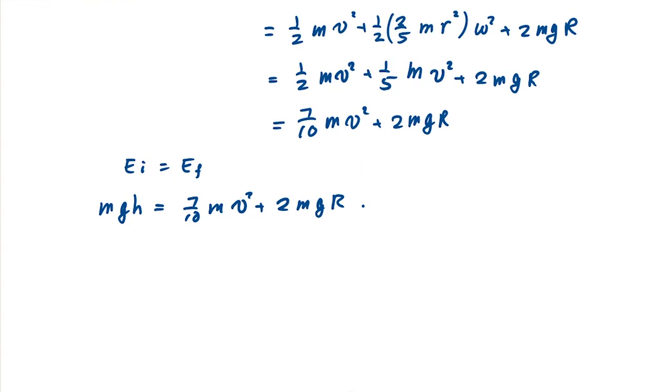Okay? And then let's just write it like this. M's cancel out, and we have gh minus 2gr is equal to 7/10 v squared. Remember we want to know the relationship between h and r, okay?